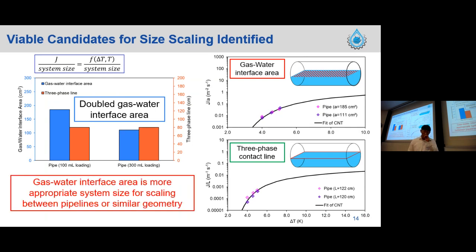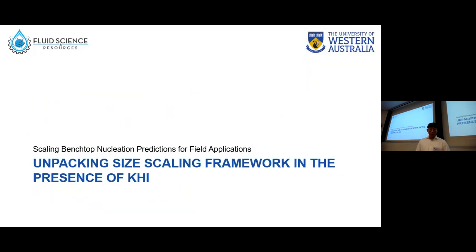So the gas-water interface area will be the more appropriate system size for scaling between pipelines, or when you have very similar geometries. Right. Now I'll focus on how we unpack the size scaling framework for the KHI system.